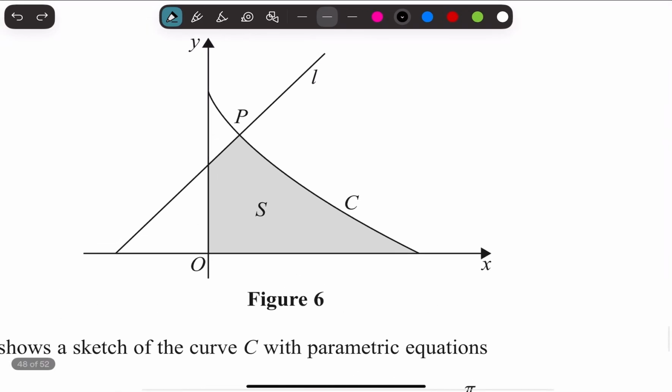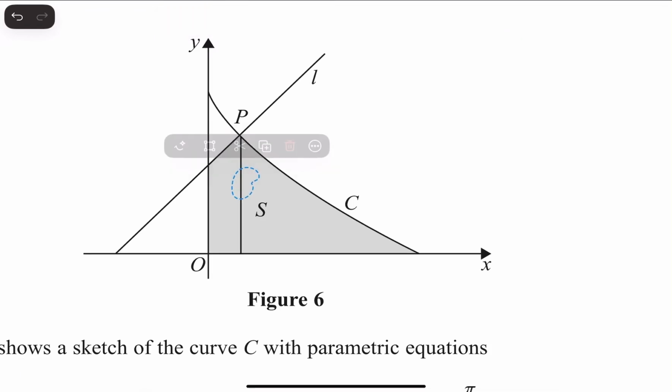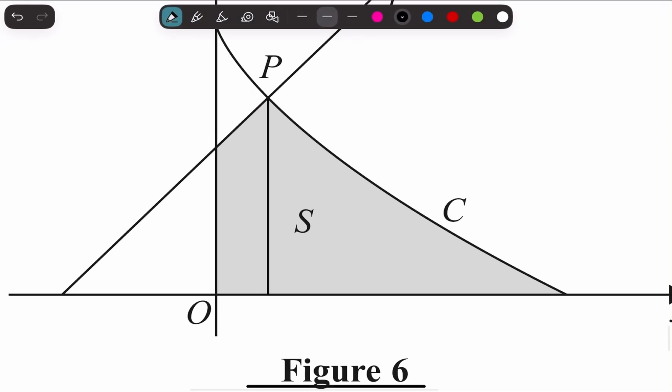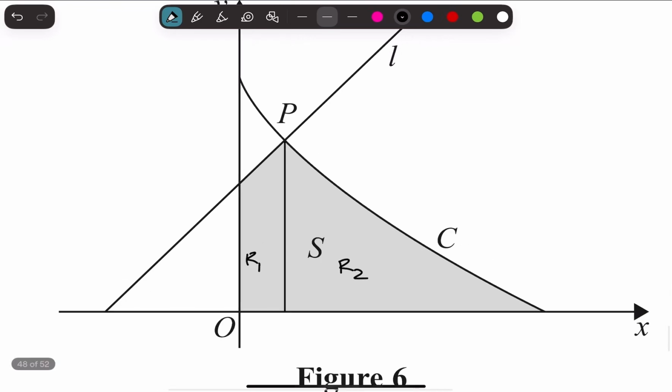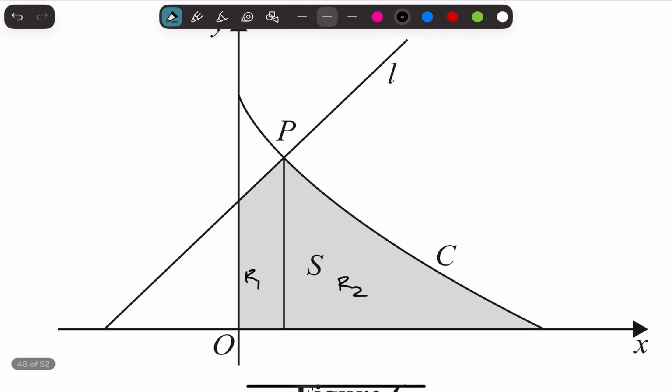So with this, what I would do is split this region down like this, and this is because we can label the 2 regions. So we split S and label each region R1 and R2. Now with R1, we don't actually need to do anything with the parametric equation. We can just integrate line L between this limit and this limit here.